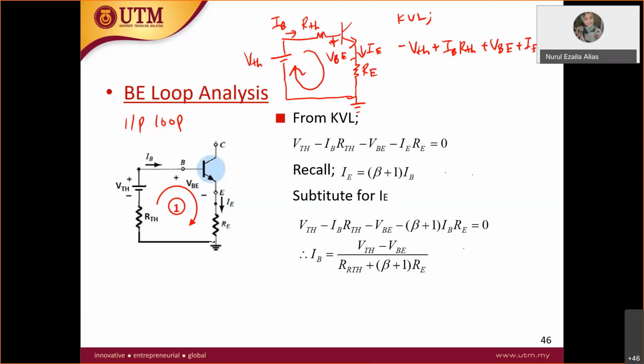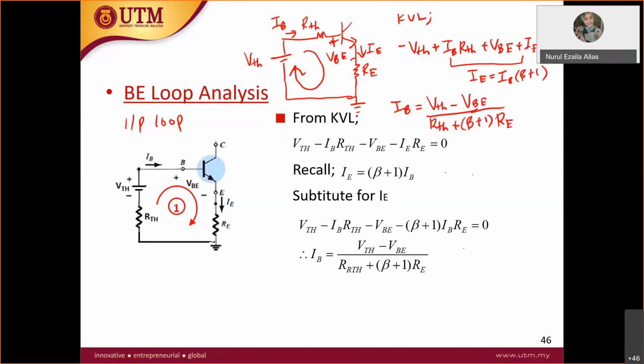So IB and IE, you can change it to IB times beta plus 1. See, it is the same thing, right? It's the same thing. IB equals VTH minus VBE over RTH plus beta plus 1 RE.